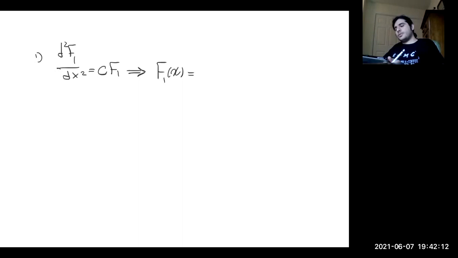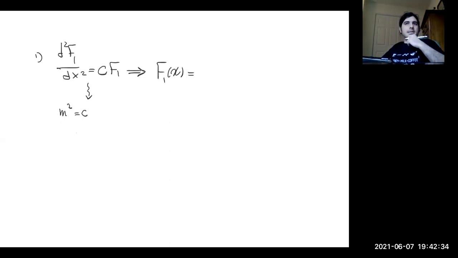If we want to solve this, we should look at its characteristic polynomial. It would be m squared equals c, and therefore m would be equal to the square root of c.